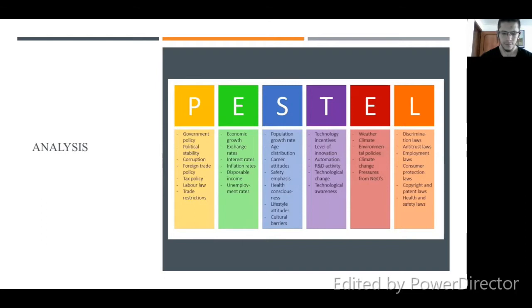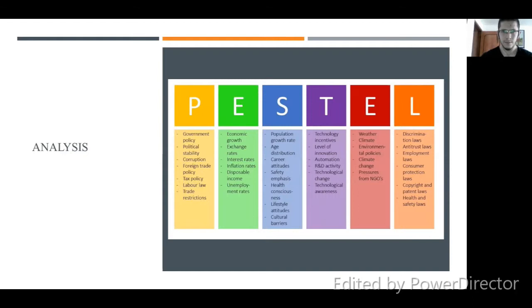Then you have the economic factors, such as the economic growth, exchange rates, interest rates, inflation rates, disposable income, and unemployment rates. Yeah, these are all micro and macro economic factors, more or less.